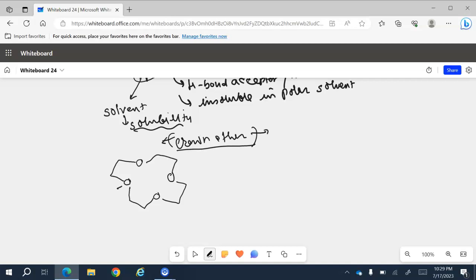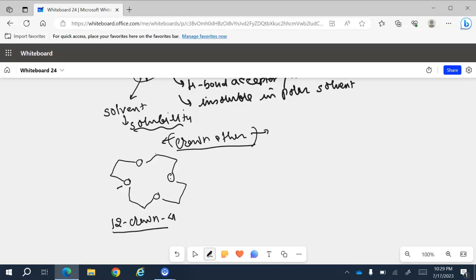Let's start with this oxygen. 1, 2, 3, 4, 5, 6, 7, 8, 9, 10, 11, 12 atoms are involved in this cyclic system. So we can name this as 12-crown. And out of these 12 atoms in this ring system, four are oxygen. So 12-crown-4 is the name for this crown ether.